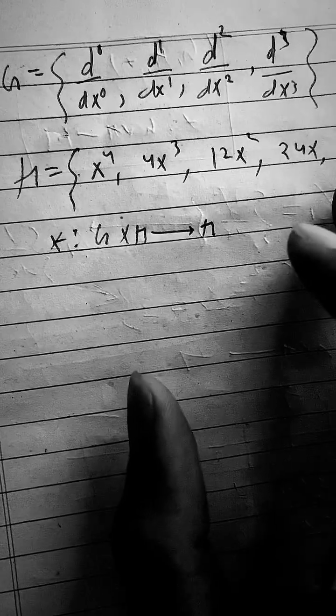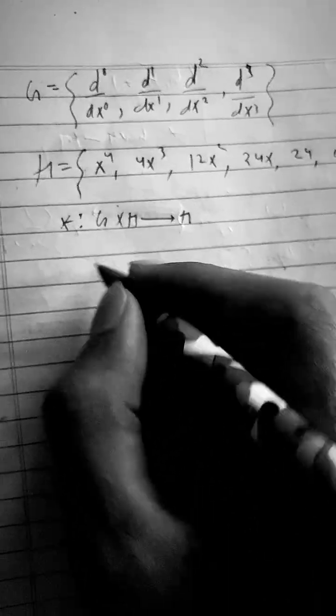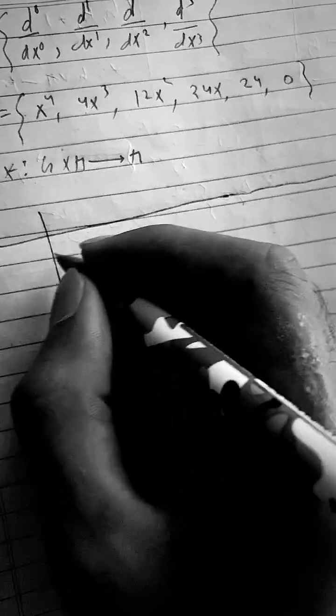So in this lecture today, we're going to see if it satisfies the properties of a group and all kinds of things. So we are going to make a table. This is our table, right? Here is the operation star.